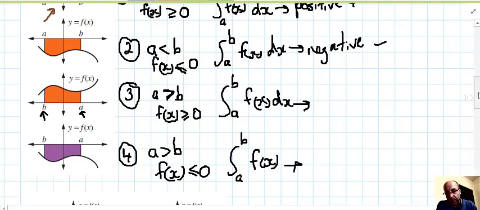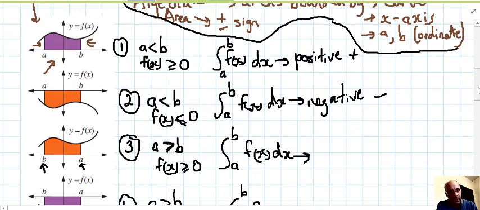Notice how in graph 1, when a was less than b and the graph was above, we got a positive answer, but in this one we'll have a negative result. It's the opposite to the first one, even though the area is above the x-axis.